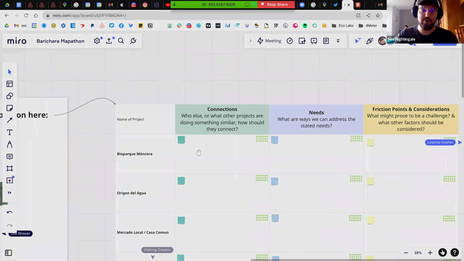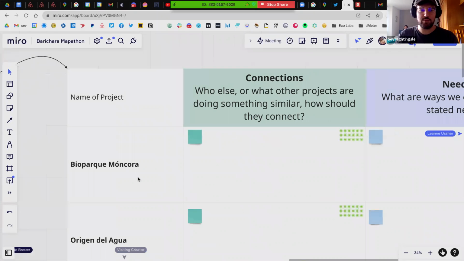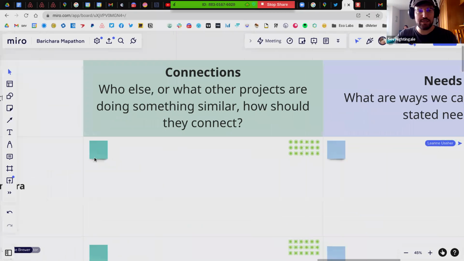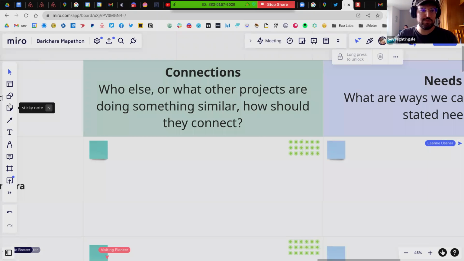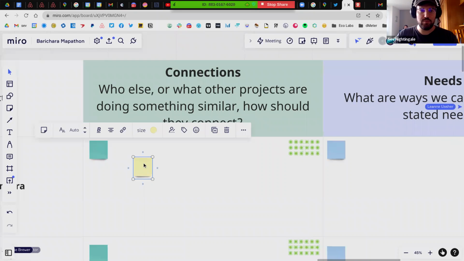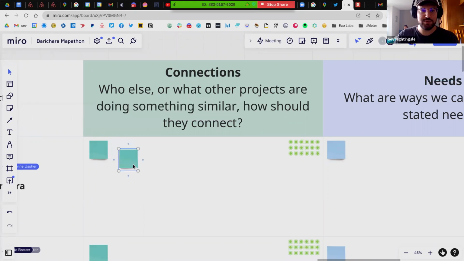After we've reviewed a project using My Maps, we'll go here. This is the first one that we'll start with, Biopark Mancora. There are sticky notes right here. You can always drag a sticky note from the left bar and add your own, or you can click on a sticky note and hit the duplicate button, and that gives you a fresh one right here.